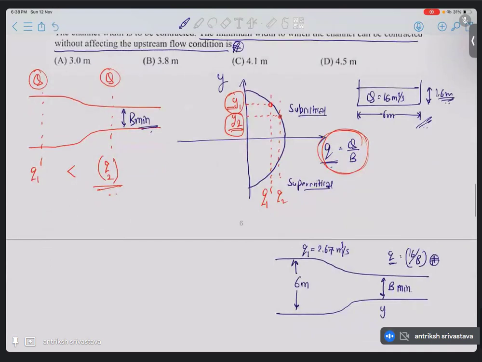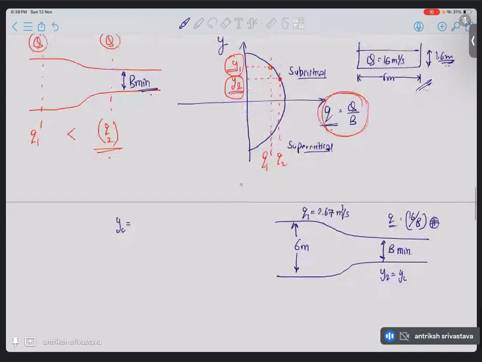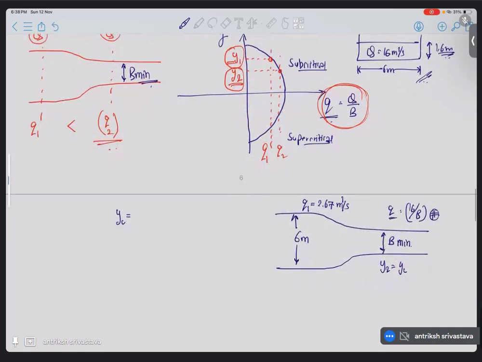So Y2 is YC. Now let's use the formula for YC to get the B. So we have 16 by B, squared, divided by 9.81, to the power 1 by 3. This is nothing but q square by g to the power 1 by 3.